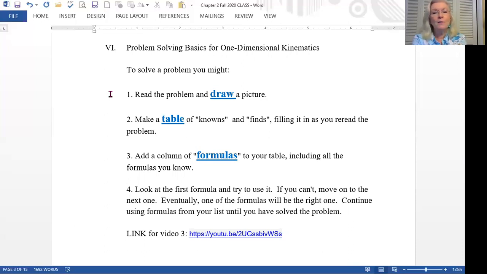So you just want to summarize to start out with. Organizing your information is really important. And you'll see we'll work every problem that I use for examples using this technique. Draw a picture if we can, make a table, fill in the table, solve the problem.